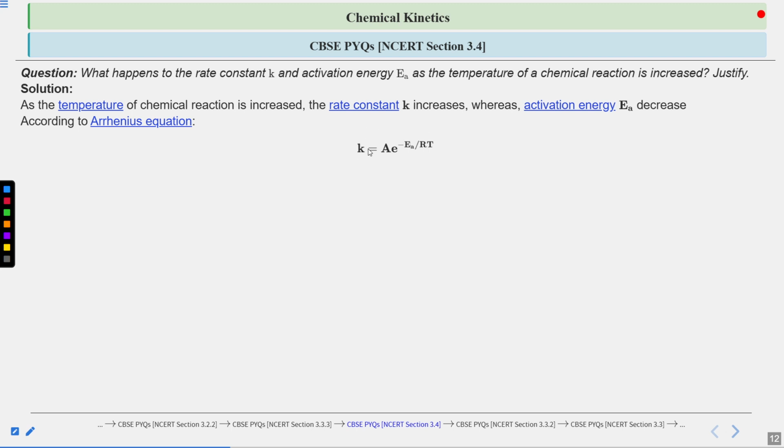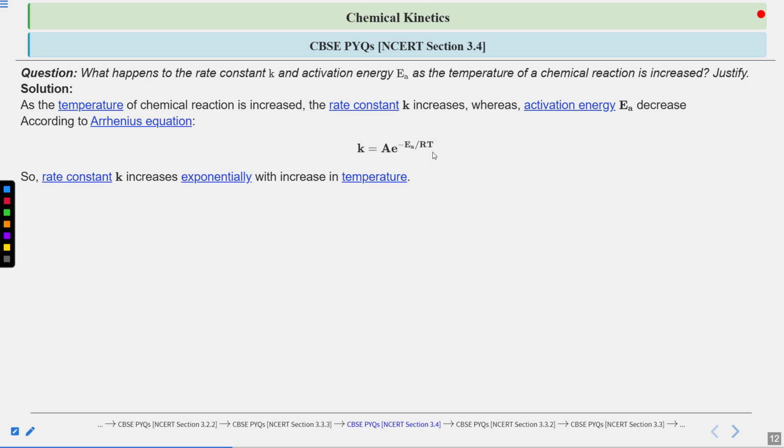From this, you can identify the effect of a T increase on the rate constant and the activation energy. The rate constant, k, increases exponentially with an increase in temperature. Basically, if you increase the temperature, the rate constant will increase exponentially, because the rate constant is defined in terms of an exponential, e to the power of something divided by temperature.